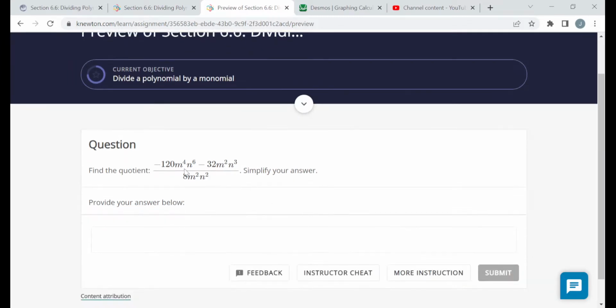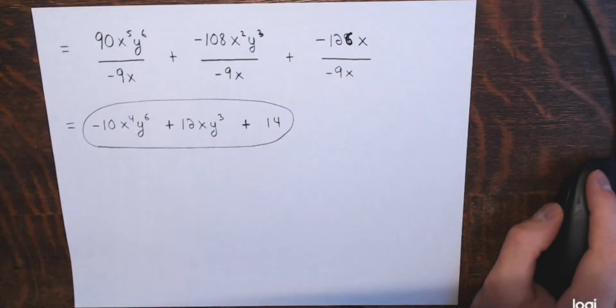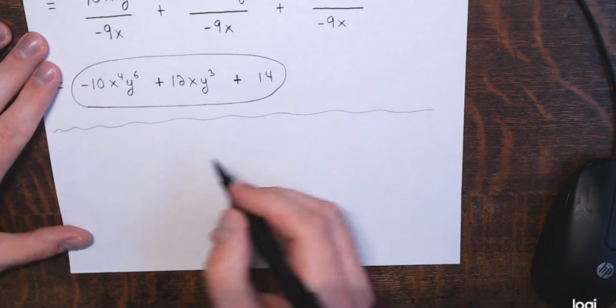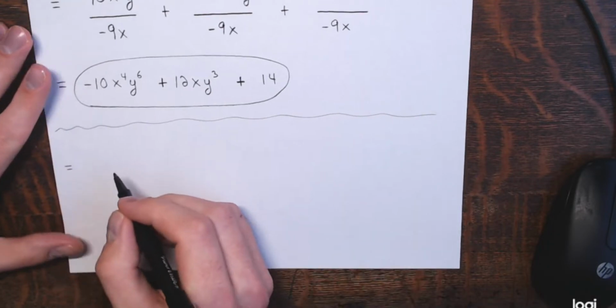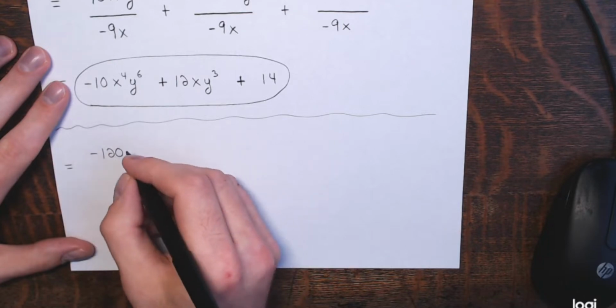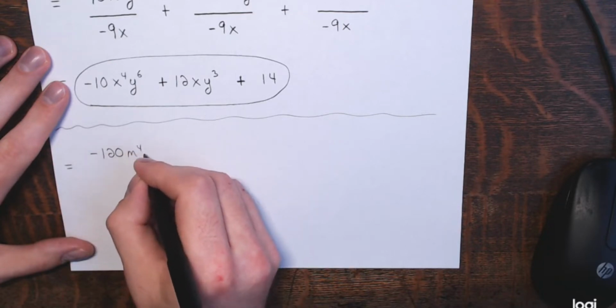Yeah, so here's one finally where there's just two terms in the numerator, a binomial, but divided by a monomial, right? So I'm going to split this up into the sum of two fractions, where each term in the numerator is getting divided by this expression in the denominator. In fact, I'll just do this on the same page here. We've got plenty of space. So the first term in the numerator is negative 120 times m to the fourth times n to the sixth.